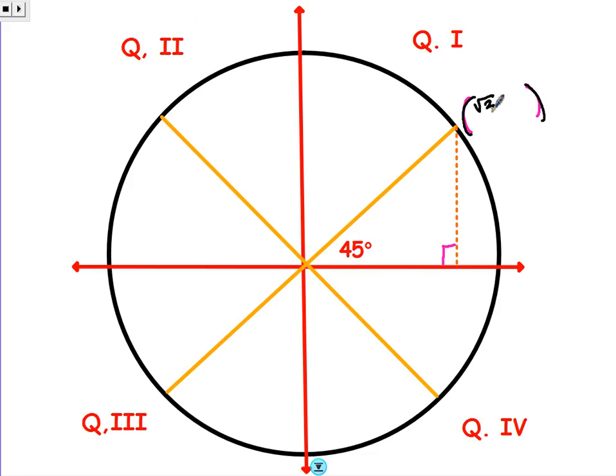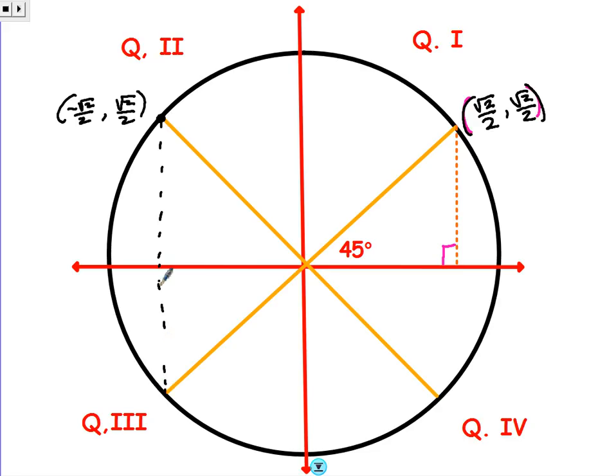Root 2 over 2, root 2 over 2. Very good. And then over here, I'm going to go back root 2 over 2, up root 2 over 2. So I'm looking at the x-coordinate and the y-coordinate. To get to this point, I'm at negative root 2 over 2, positive root 2 over 2. Back and up, right? Over here, we're going to go back and down.